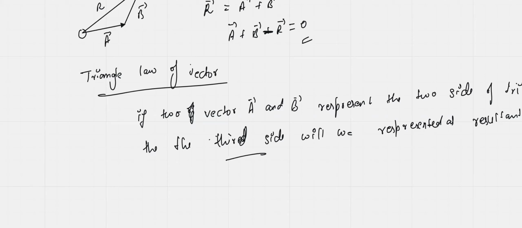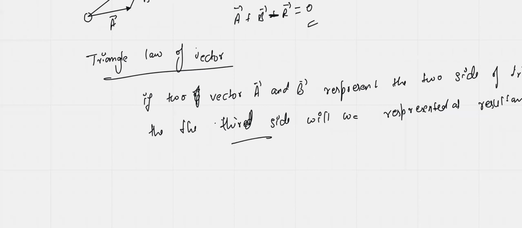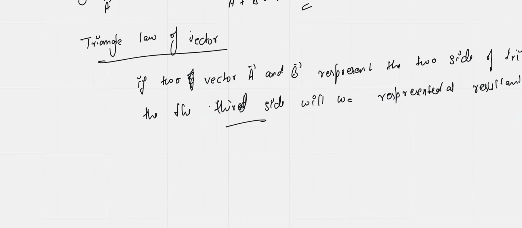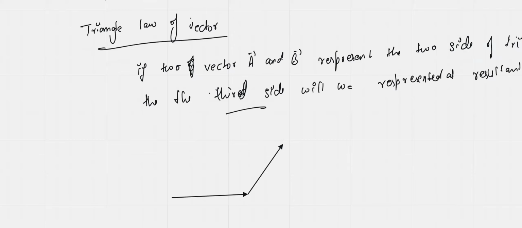So again the same thing. It doesn't say anything very different or give us any equation. It simply says that if you have two vectors like this, I can form a triangle out of them. This is one side, this is the second side, and you know what the resultant is. If the resultant is always the summation of these two, then it is represented by the third side of the triangle.